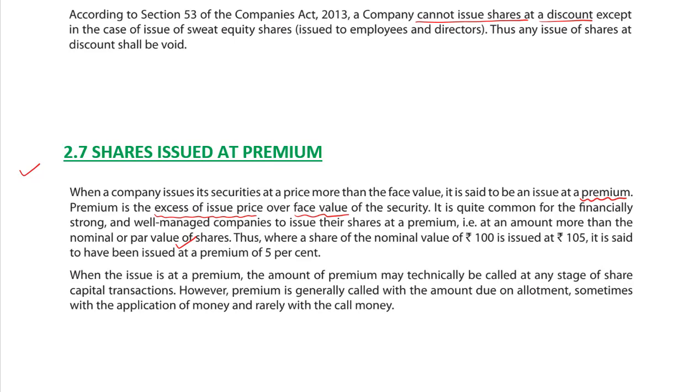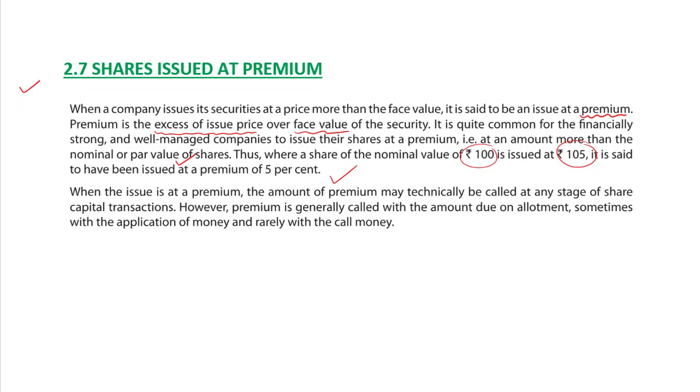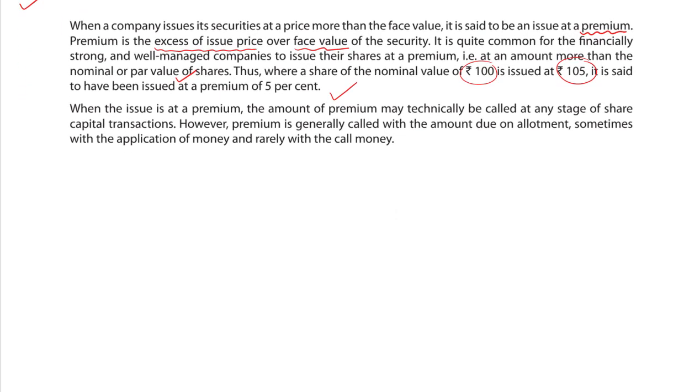Thus, where a share of the nominal value of rupee 100 is issued at 105, it is said to have been issued at a premium of 5%. When the issue is at a premium, the amount of premium may technically be called at any stage of share capital transaction. However, premium is generally called with the amount due on allotment, sometimes with the application money, and rarely with the call money.